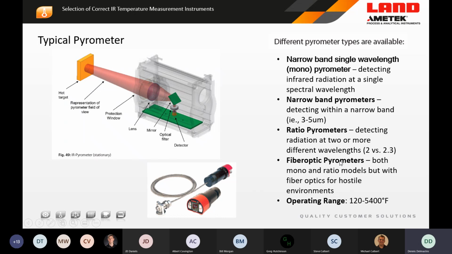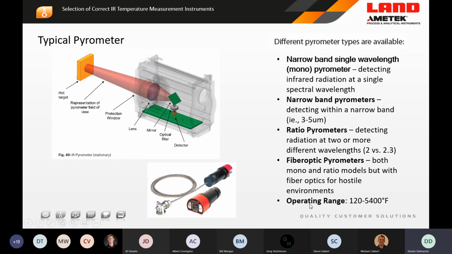And you have fiber optic pyrometers. Now these can be both mono and ratio, but they have a fiber optic mechanism, a light pipe attached to the end with an optical head. These tend to be used in areas where it's a hostile environment and you need to put that little optical head close to the target, but put the pyrometer up to 30 feet away.